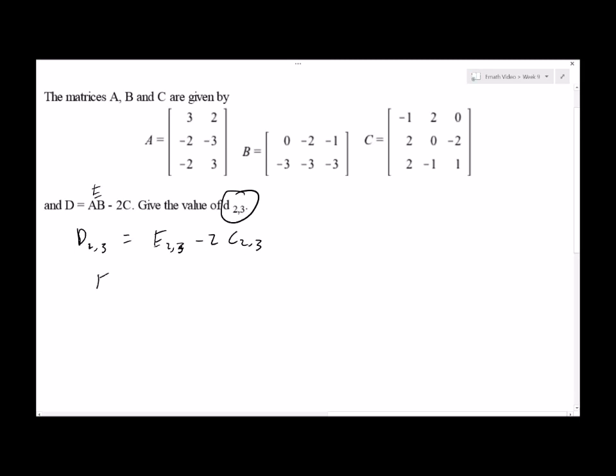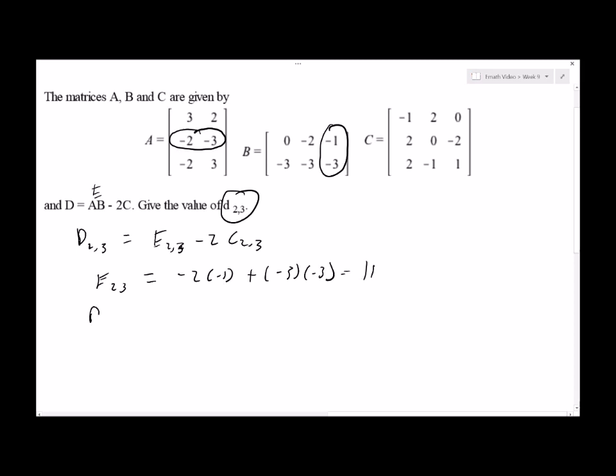E23, remember, the first subscript pertains to the row. So it's the second row multiplied by the third column, just like that. So it's going to be negative 2 times negative 1 plus negative 3 times negative 3. So this ends up giving us E23 is 2 plus 9, which is 11.